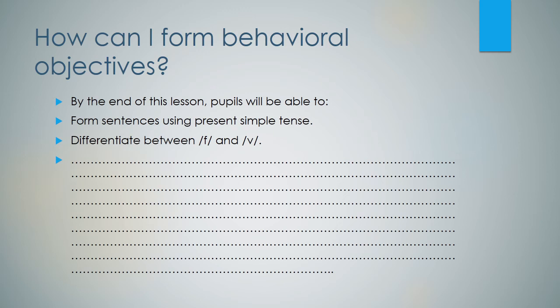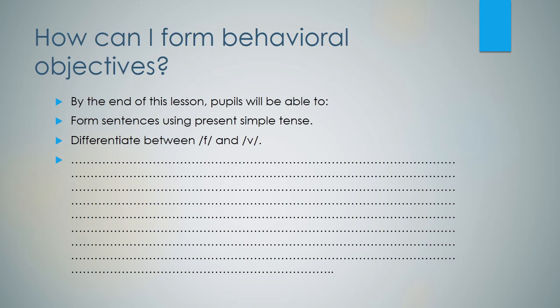How can I form behavioral objectives? By the end of this lesson, pupils will be able to form sentences using present simple tense, and differentiate between fa and va. Those are behavioral objectives. Form sentences using present simple tense by the end of this lesson.